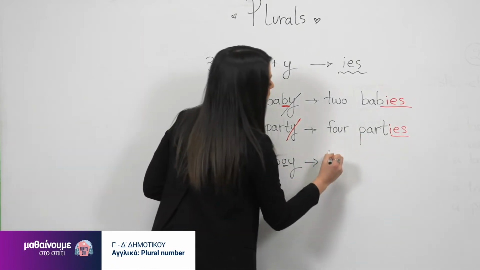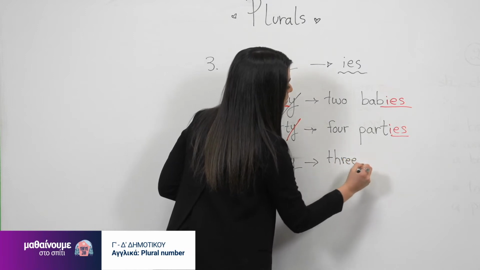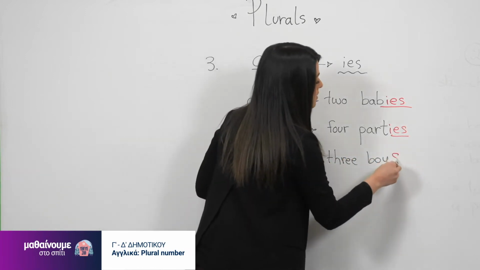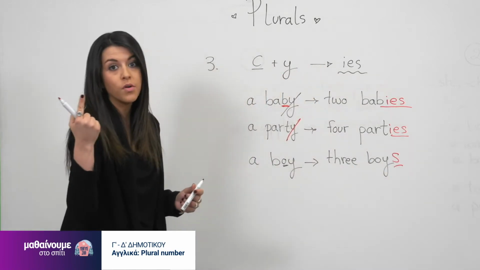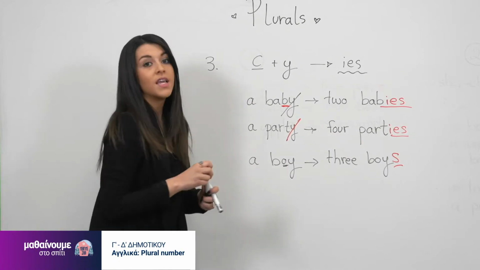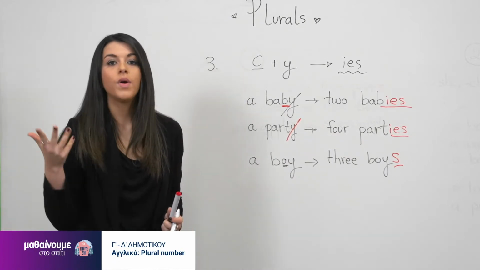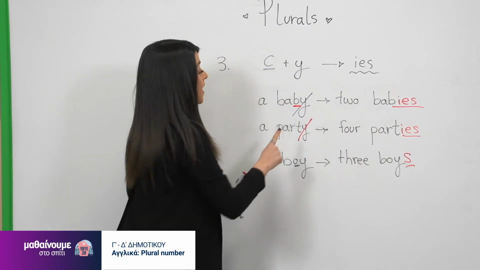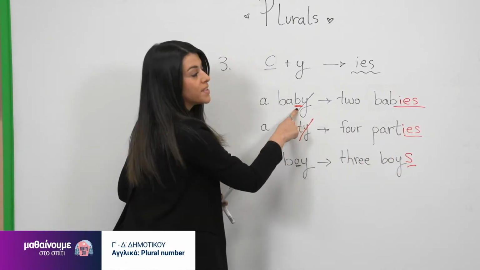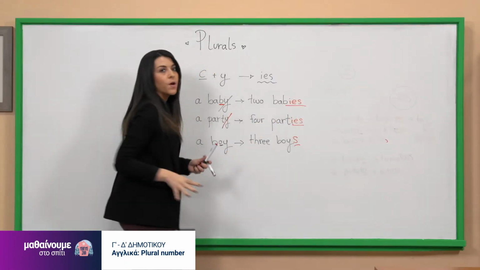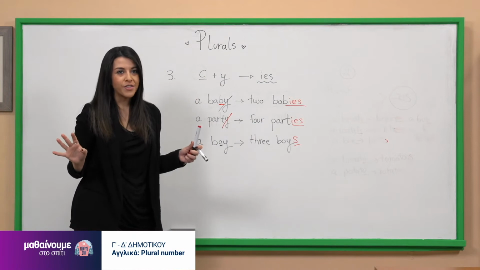We say, let's say 3 boys, just with an S. Like the first rule, okay? Because here, this is a vowel. Remember the vowels? A, I, E, O, and U. So this is a vowel, so we only put S. This is a consonant, as well as this, so we erase it and we put I-E-S, okay? That's very important to remember.